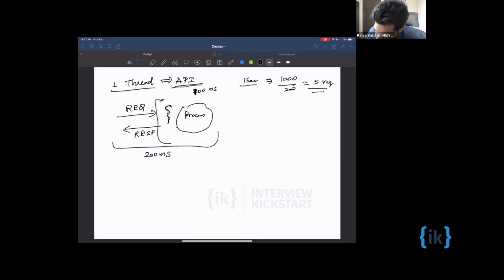So this part takes, let's say, 100 milliseconds. That means this one thread is able to serve 10 requests per second.